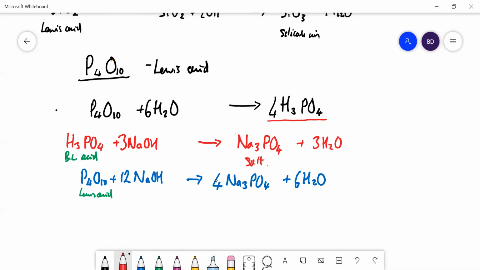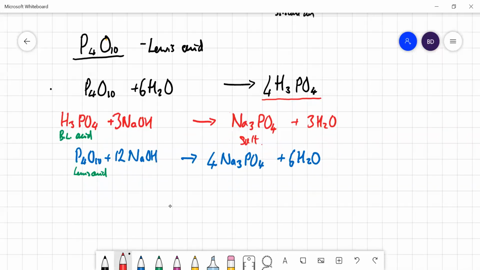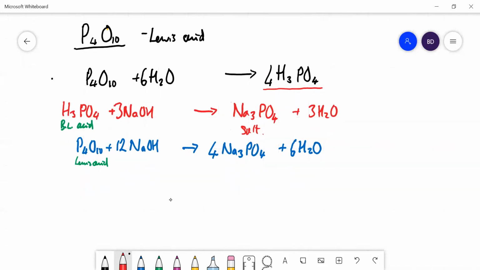You could even have this equation. Where does NaOH come from? Well, we get NaOH by reacting Na2O with water. So let's just see what happens if we've got P4O10 and Na2O. That's a base, so a Lewis acid here with a base.